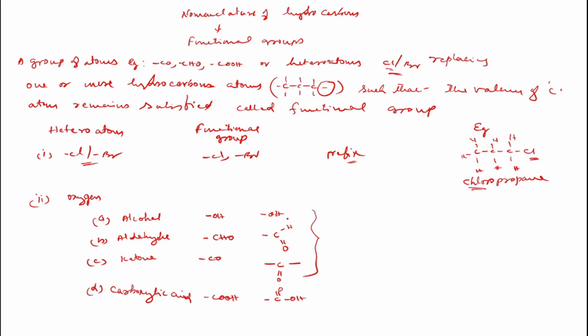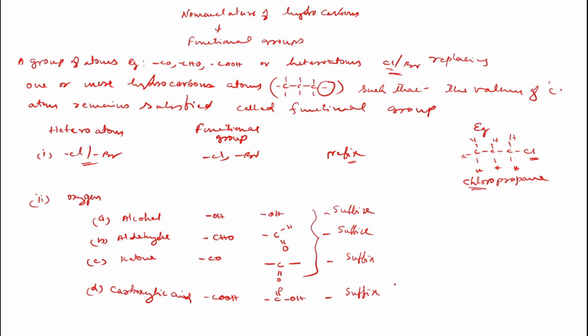Suppose you get an OH group, that means alcohol group, you have to suffix it. Suppose you get an aldehyde group, again you have to suffix it. Suppose you have a ketone, you have to suffix it. Suppose you have a carboxylic acid group, that is also a suffix.